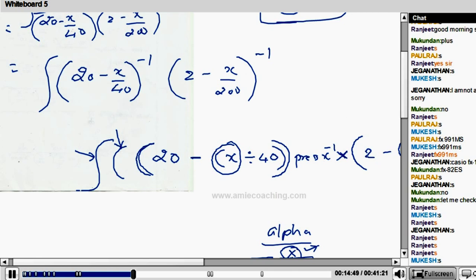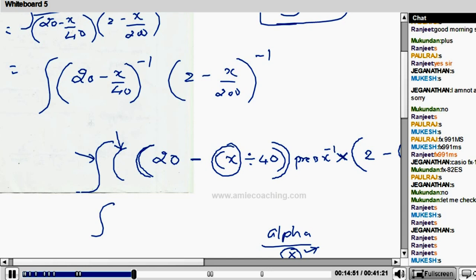Let us see. All of you press the integral dx symbol. Have you got it like this? Now put another bracket and type 20 minus.